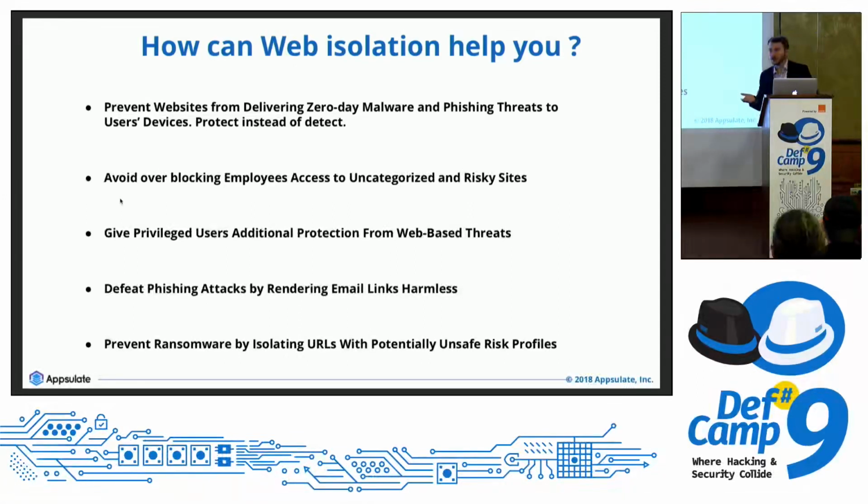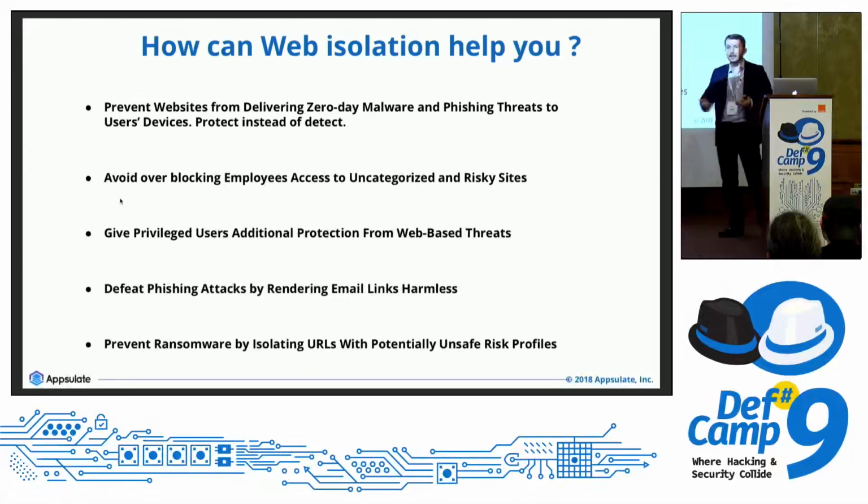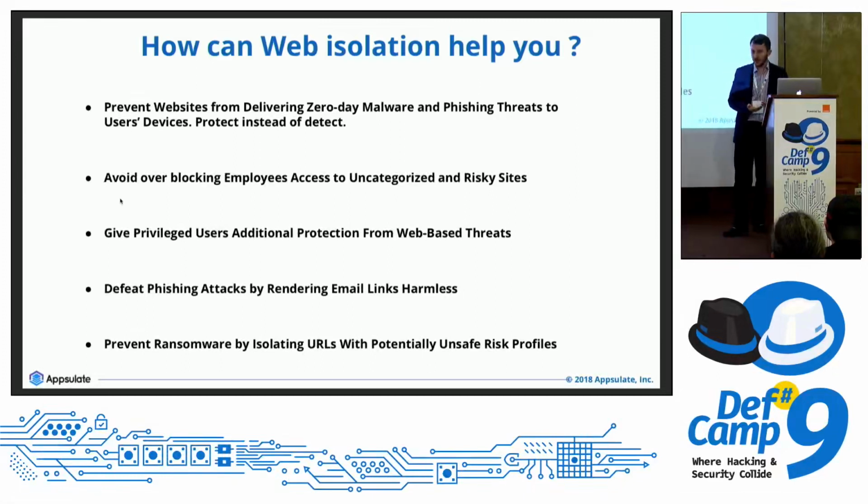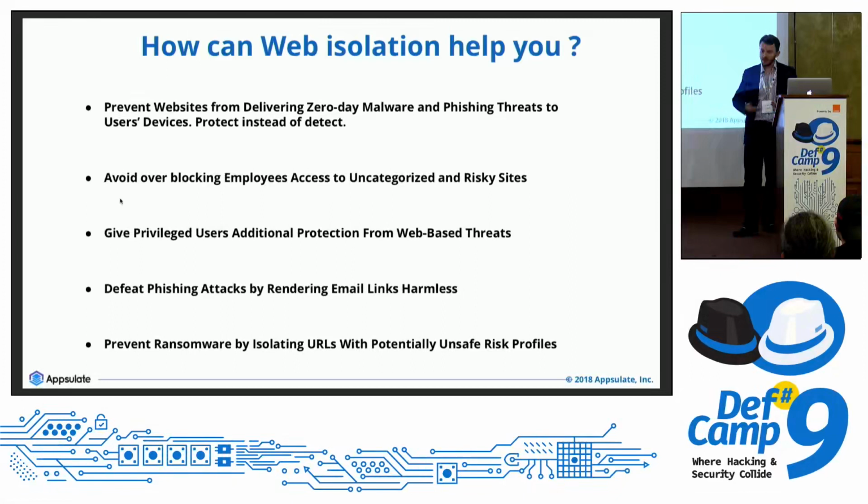Also, phishing attacks, right? A lot of people nowadays are getting attacked through phishing techniques that arrive in email. So what if you could rewrite all the links that are arriving in your corporate email through the email gateway? You rewrite all the links and you send all the links through web isolation.